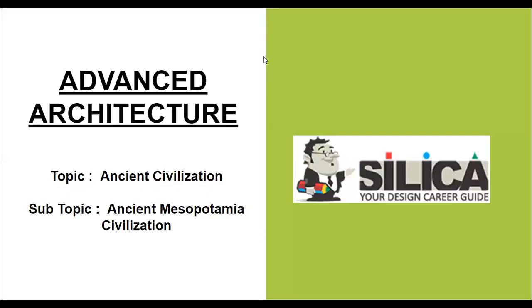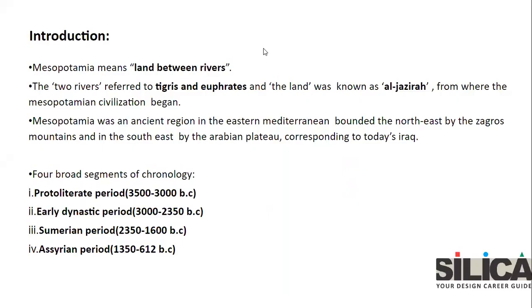Hello everyone, today we will learn our new Architecture Aptitude topic: ancient civilization, the ancient Mesopotamia civilization. Now talking about Mesopotamia, Mesopotamia means lands between rivers. The two rivers referred to are the Tigris and Euphrates, and the land was known as Al Jazeera, from where the Mesopotamian civilization began.